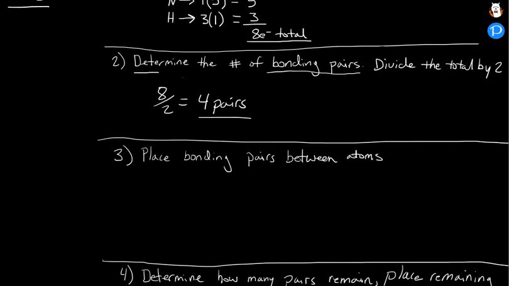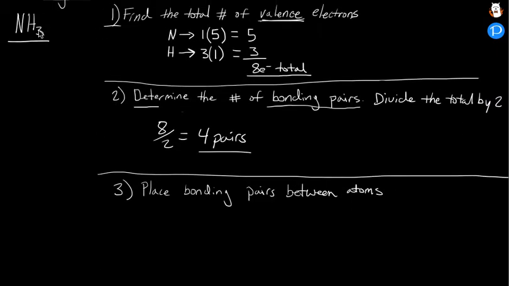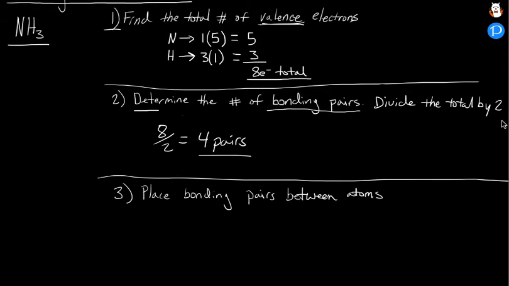Third step: now that I've determined how many electrons I have to work with and how many pairs I should have, I can place some bonding pairs between atoms. So we've got 1 nitrogen and 3 hydrogens. Sometimes you might get a little stuck thinking, what atom do I put in the center? How do I know how to draw it?